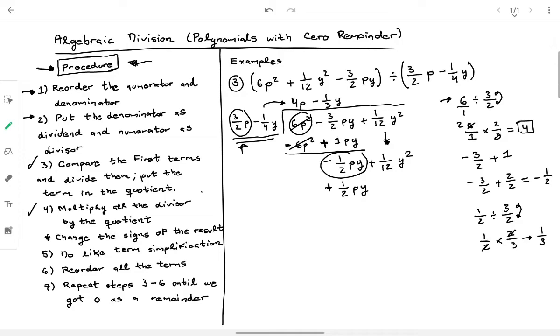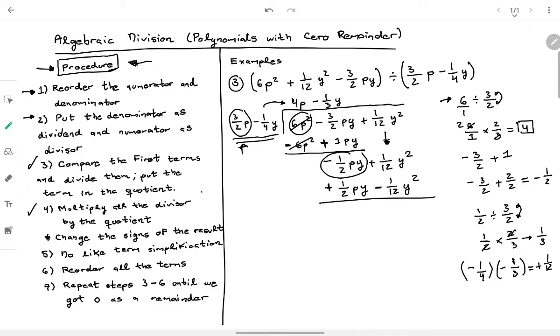The next one will be multiplying minus 1/4 multiplied by minus 1/3. I'm sorry, 1/3. So it will be plus 1/12. So it's going to be 1/12. Remember to change the sign. It was plus, so it will be minus. And y, it's going to be y squared.